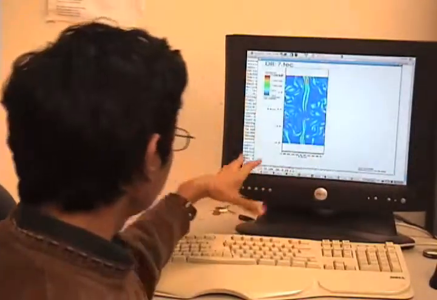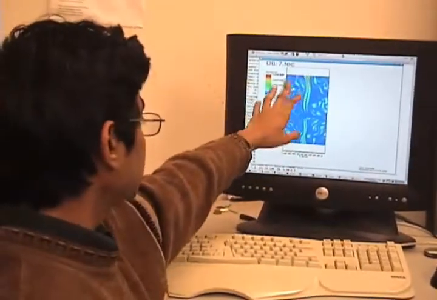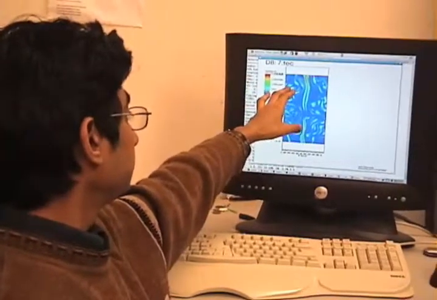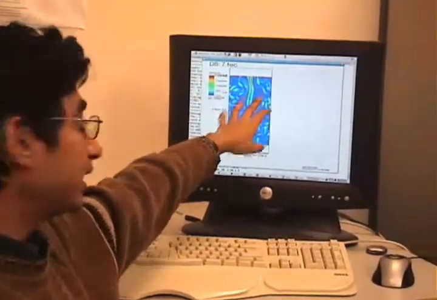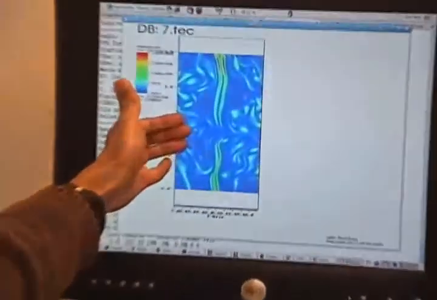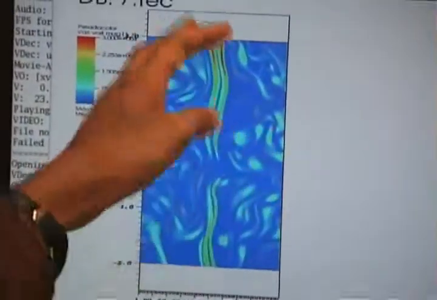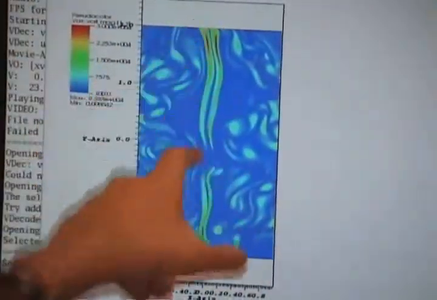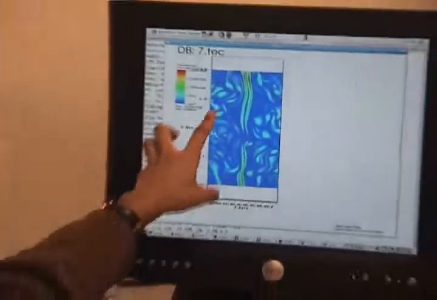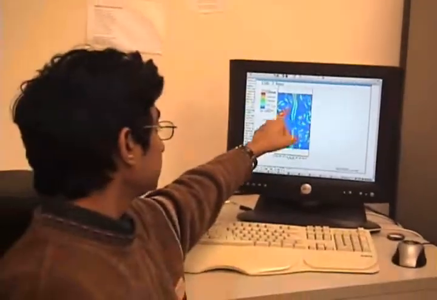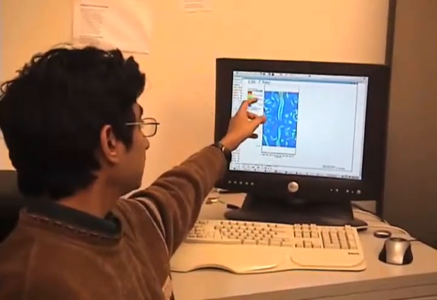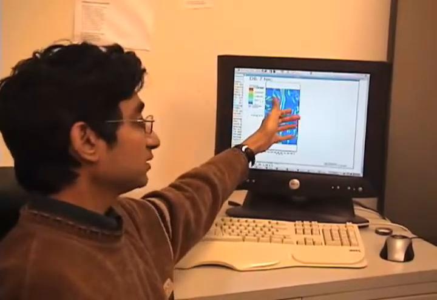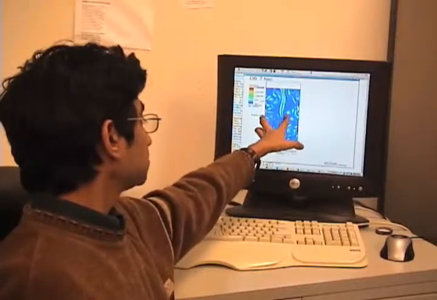So in this we see the mixing between fuel and air. So the fuel is coming in from the left and air from the right, and as such we don't see the flame, but we know where the flame is from the previous clip. And these colored regions are pockets of fuel and air that are mixing with each other.